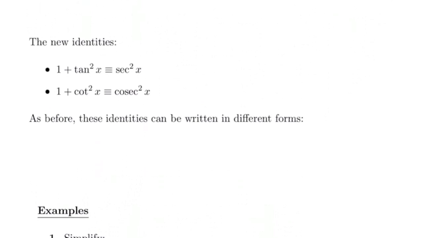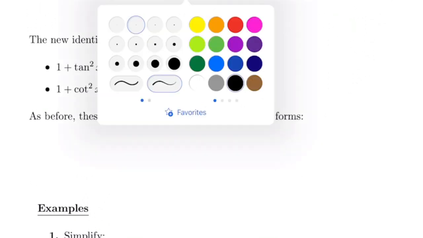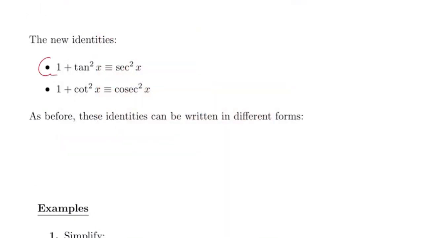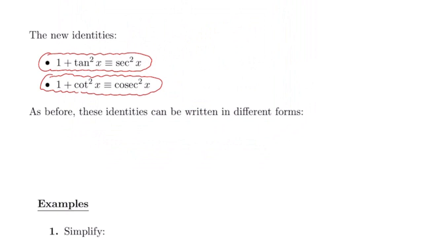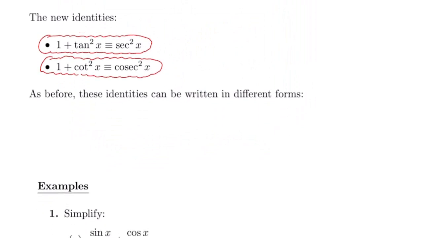So the two new identities are 1 plus tan squared x equals sec squared x, and 1 plus cot squared x equals cosec squared x. Now, as before, we can rewrite these identities, so we can rearrange them.